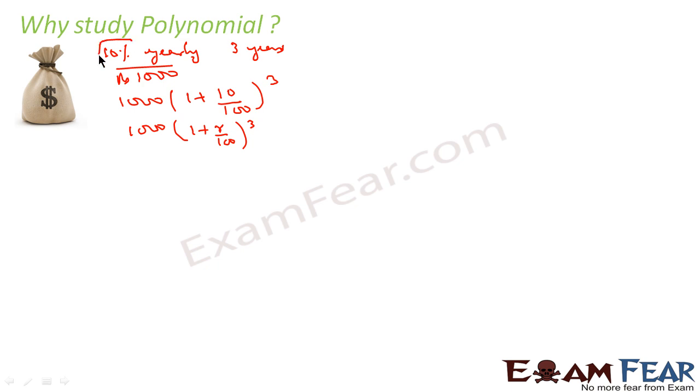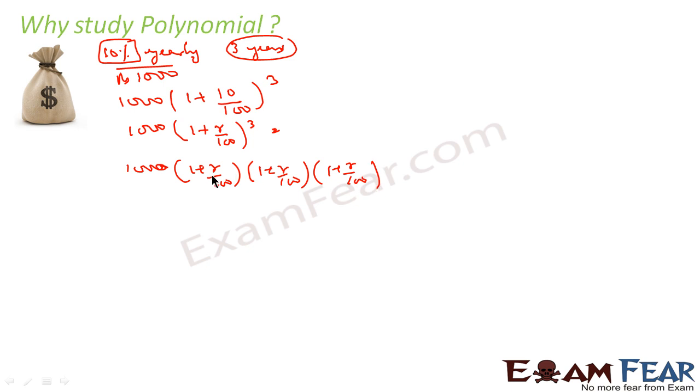You know the time period, you know the amount. Then you can write this function in this form, and this is nothing but 1000 into 1 plus r by 100 into 1 plus r by 100 into 1 plus r by 100. Correct? If you expand this, this will become a polynomial function of power 3.